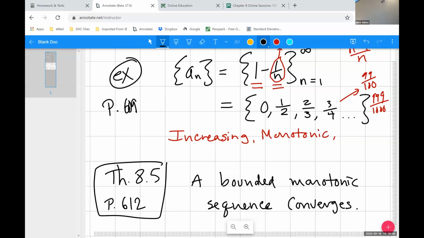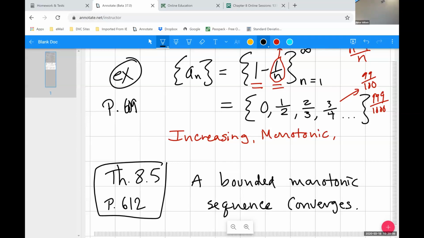You can't keep increasing without either going to infinity or settling in on a number like 1.9, 1.99, 1.999, which settles on 2. Or this limit right above here, 1/2, 2/3, 3/4, 99 over 100, 999 over 1,000, that settles in on 1, gets infinitely close to 1.